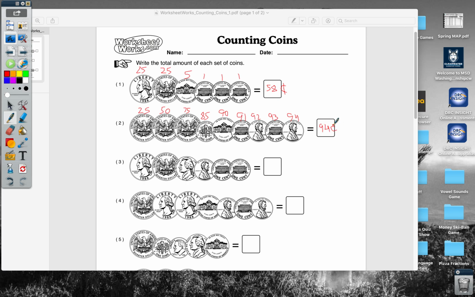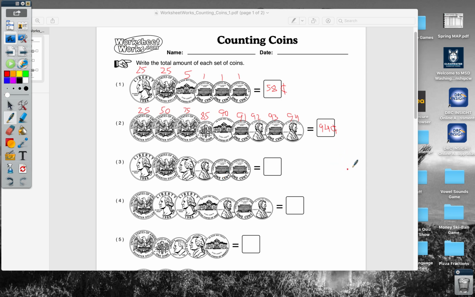All right. Now you're going to get yourself a piece of paper and a pencil. If you need to stop the video, go ahead and do that and come on back. Now I know you don't have the coins with you, but one thing you can do on your paper is, if you look at Mr. T's screen, I see 2 quarters, a nickel, and 3 pennies.